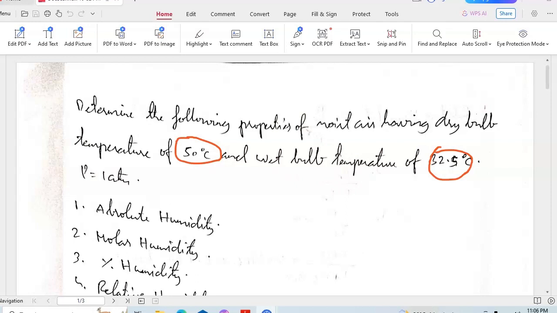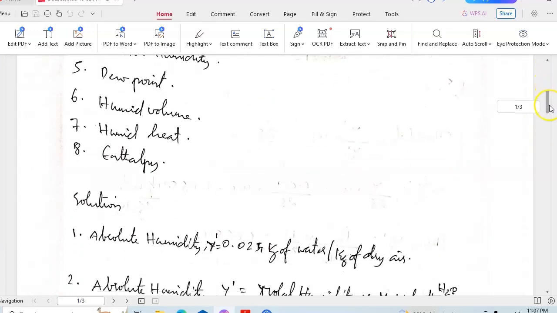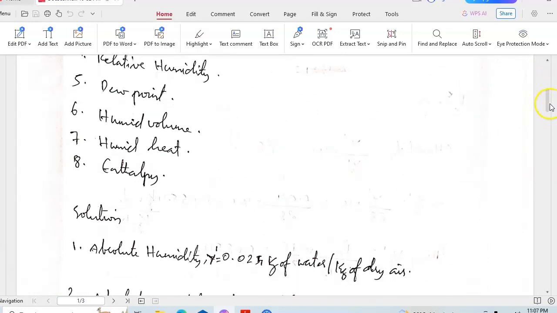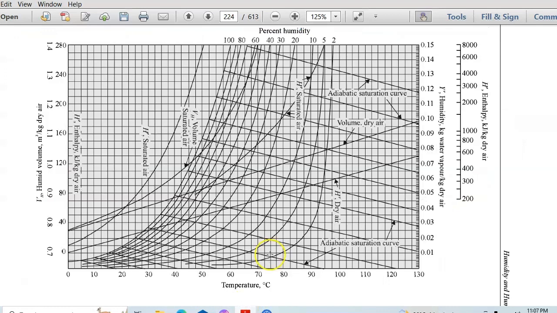Then we need to find the following parameters using the psychrometric chart. First, absolute humidity. We have the wet bulb temperature as 32.5 degrees Celsius.